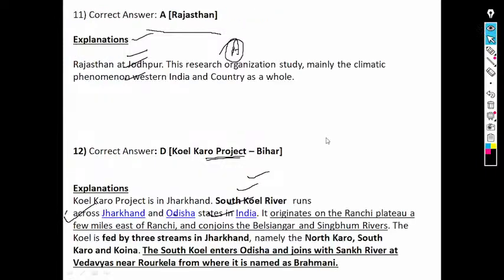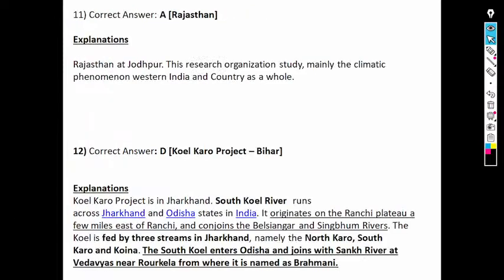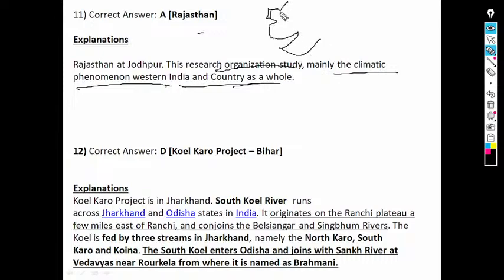It is in Jharkhand. Now the answer analysis: Rajasthan, the city of Jodhpur. This research organization studies mainly the climatic phenomena on the western side of the country, particularly our third desert.